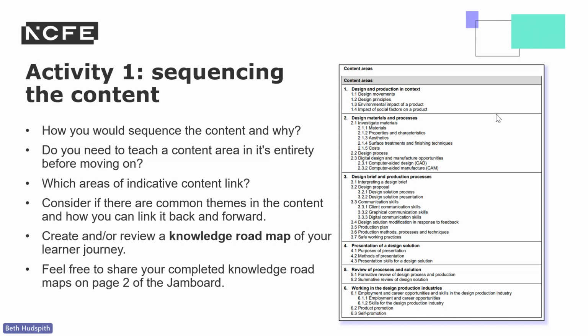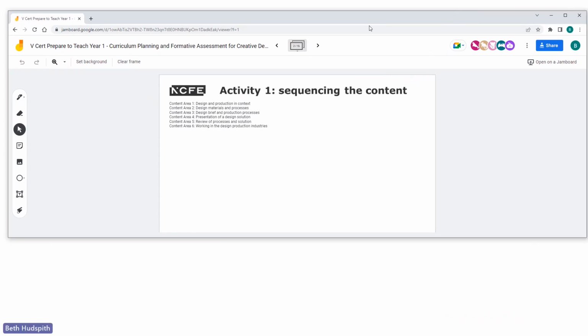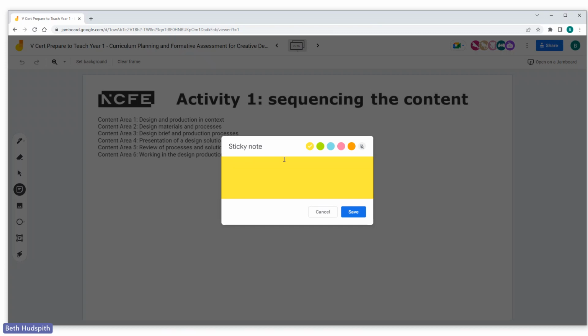We're going to post the Jamboard link in the chat, and I'll drag the Jamboard screen over. We're going to look at the content areas and how we can put them together in a roadmap. On page 2 of the Jamboard, for those of you who haven't used a Jamboard before, there's a sticky note here, and you click on the sticky note and then you can type.